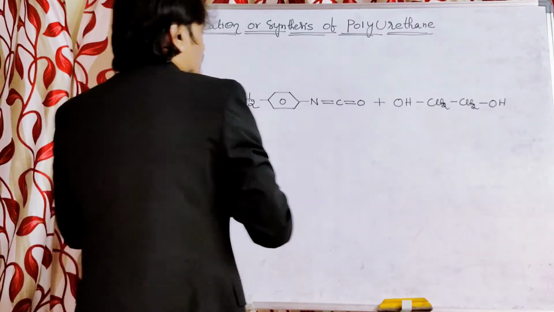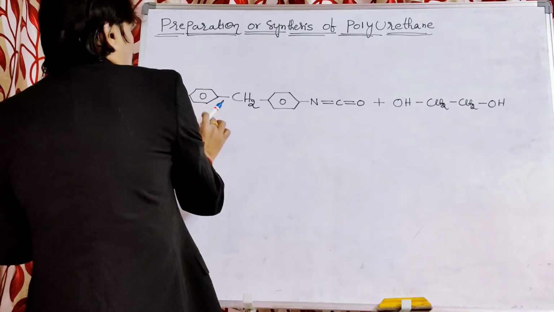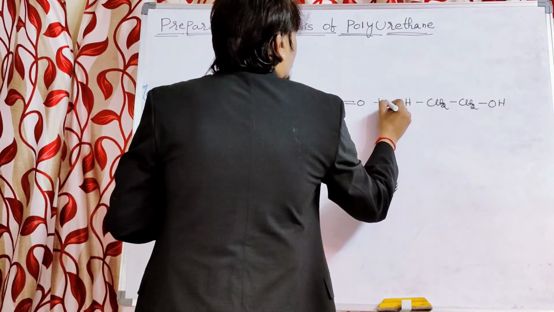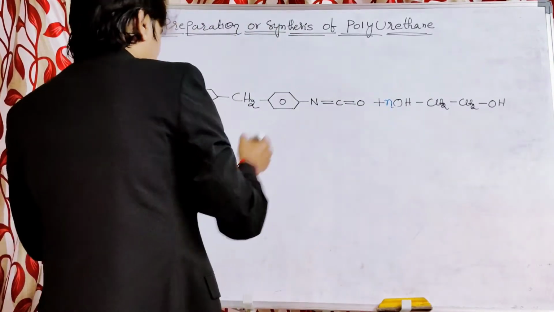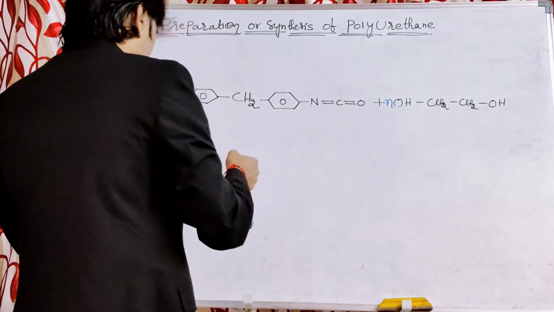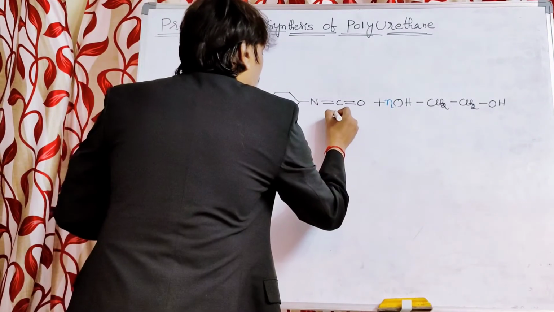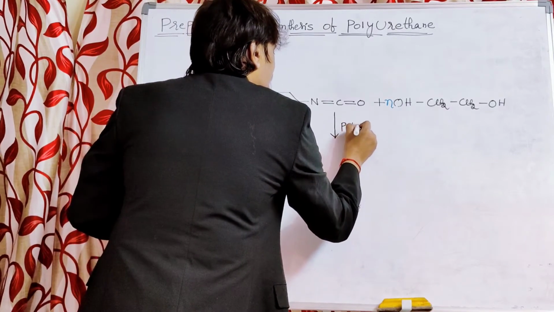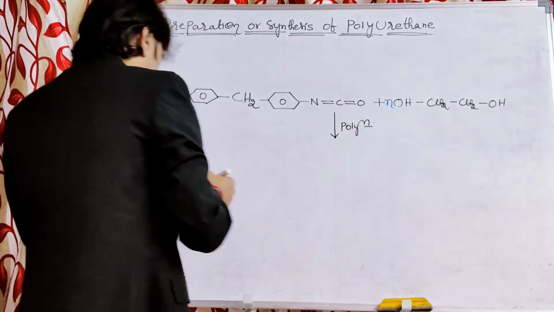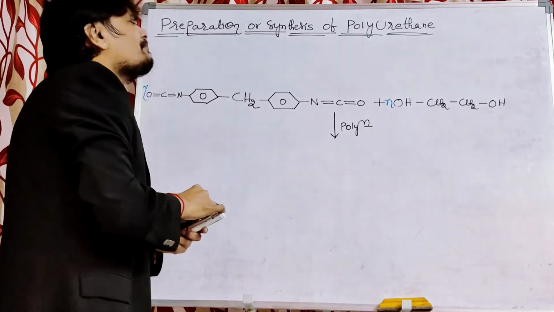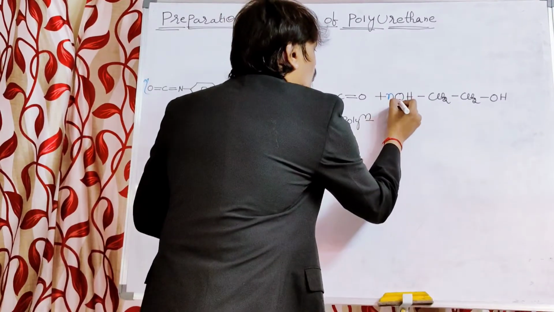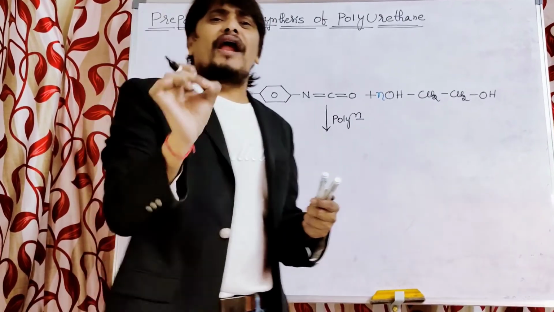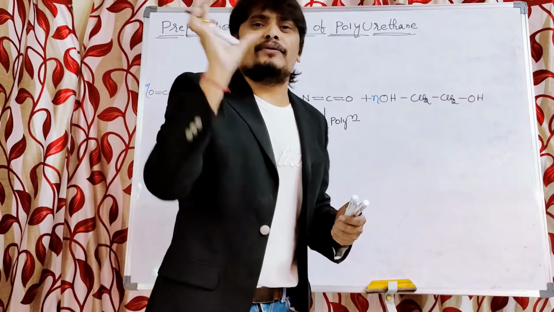Now, n number of moles of methylene diphenyl diisocyanate react with n number of molecules of ethylene glycol, resulting in the formation of polyurethane. So both undergo polymerization. Now what happens during this polymerization? You will literally remember or memorize the structure of the polymer unit.